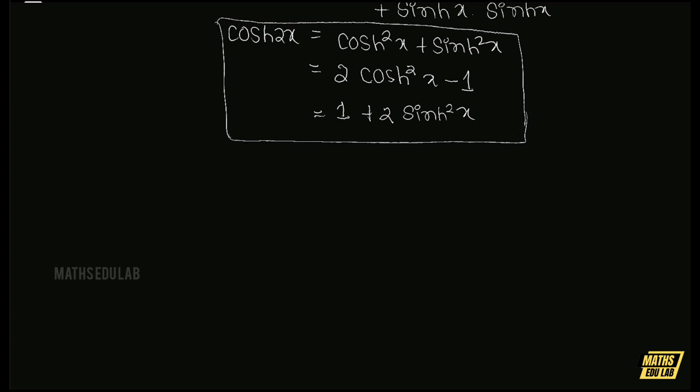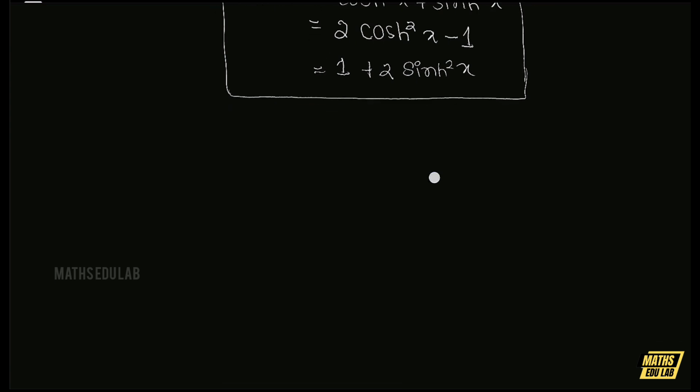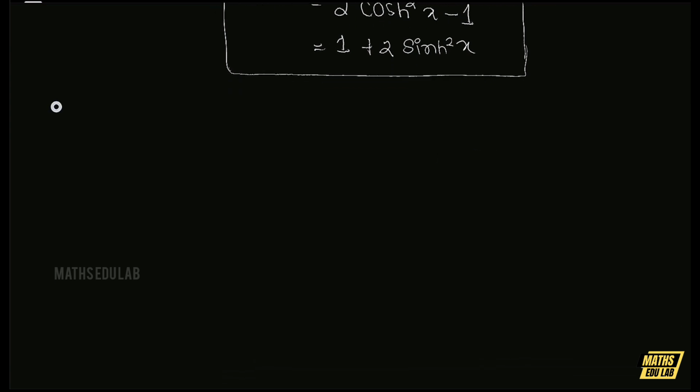Now let's go for the second one, which is given: cosh 2x is equal to 2 cosh square x minus 1.